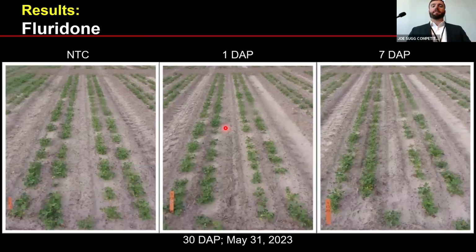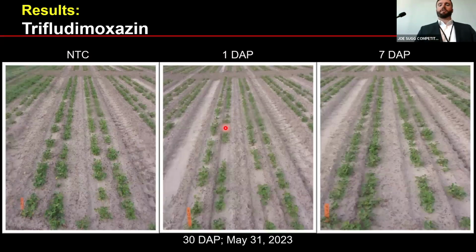And here at 30 days after planting, I just wanted to illustrate what those peanut plants look like. You can see a little bit of yellowing still occurring at the 1 day and the 7 days after planting for fluridone. And again, trifludimoxazin is probably a little bit harder to see in these photos, the bronzing that's occurring. And you may see that 7 days after planting, they look a little bit more skippy than the non-treated control, but it's really hard to tell, especially at just 6%.